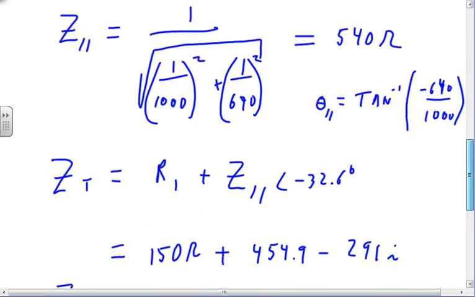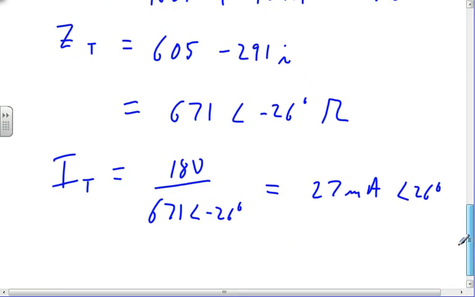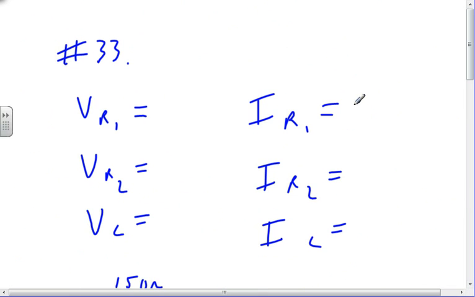That is going to be the current through resistor 1: 27 milliamps, angle 26 degrees.